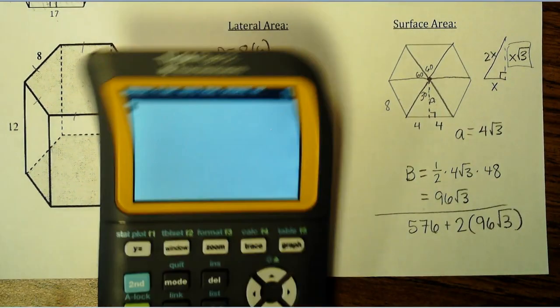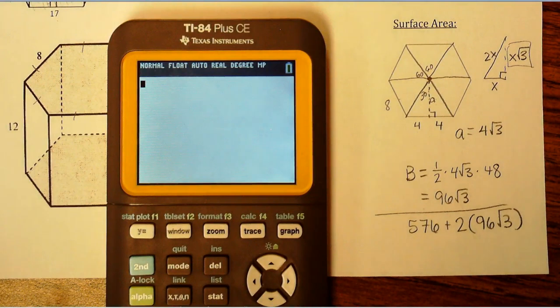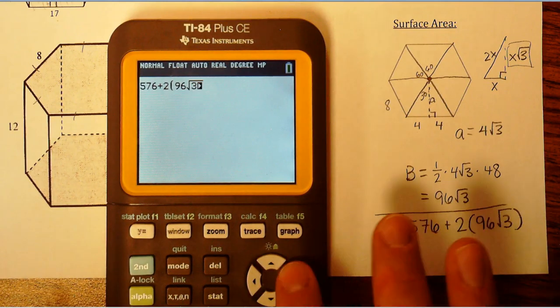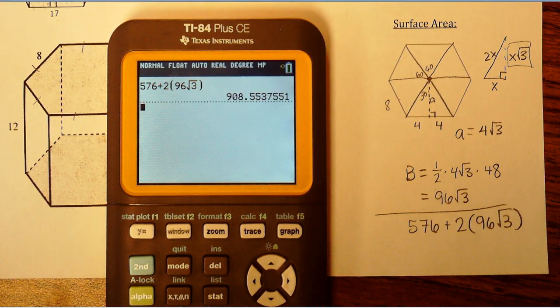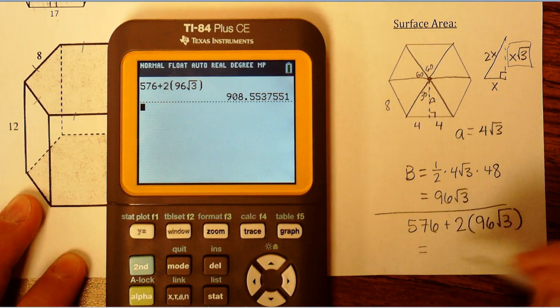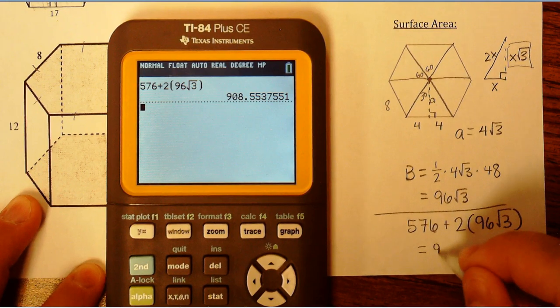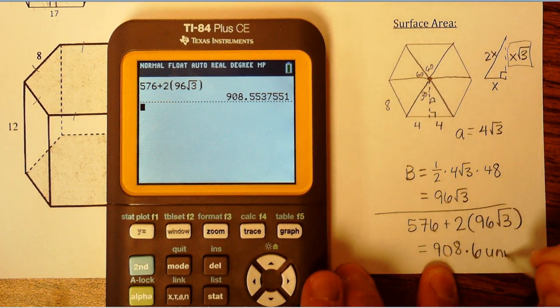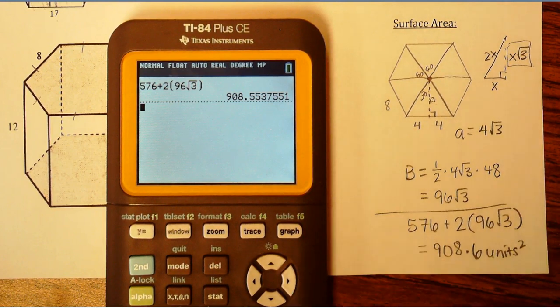I'm going to grab my calculator and type this in: 576 plus 2, and then I'll put this in parentheses, 96 square root of 3, and hit equals. To the nearest tenth, that's 1 decimal place, I'm going to go 908.6, and again, we're doing surface area, so units squared.